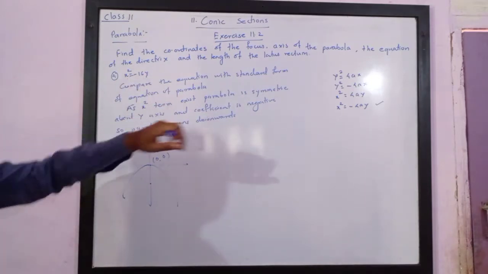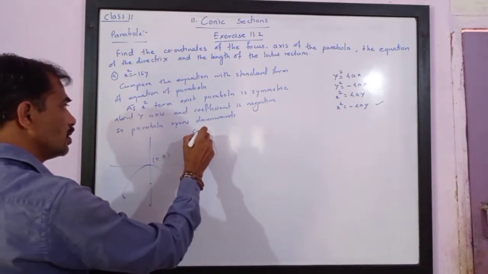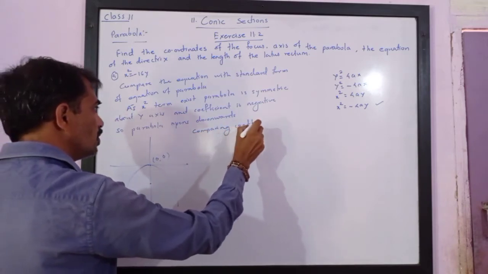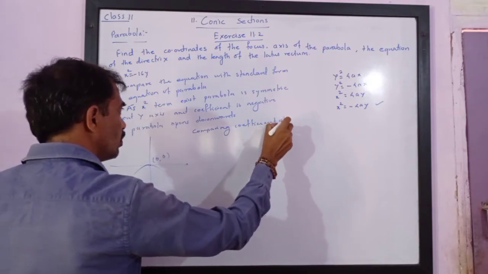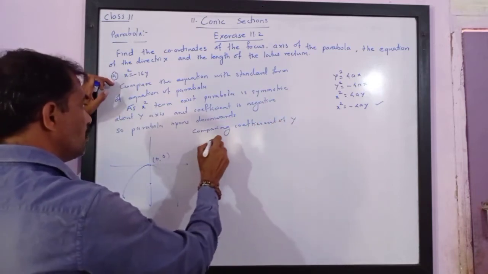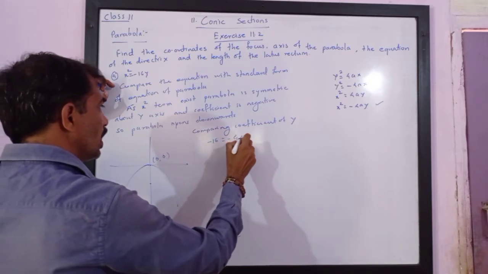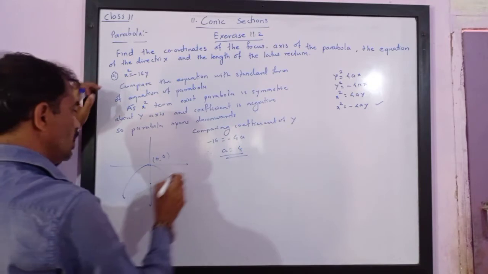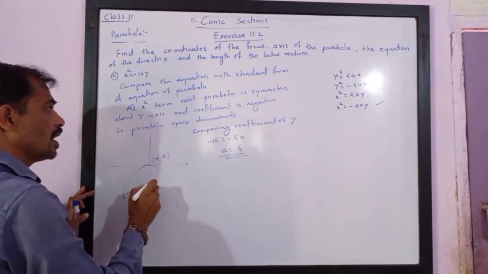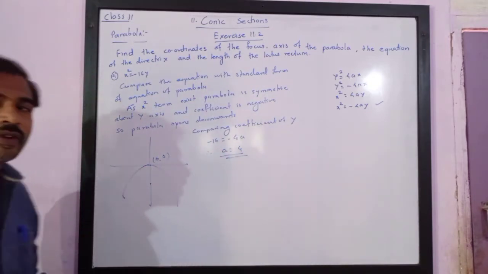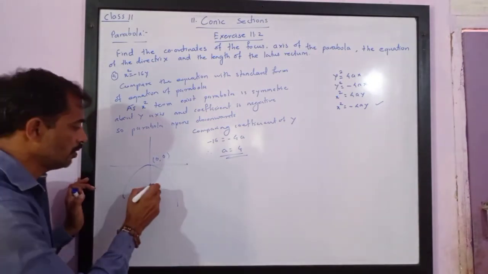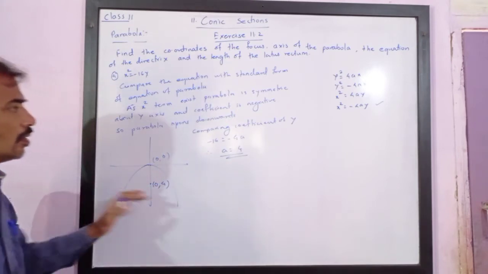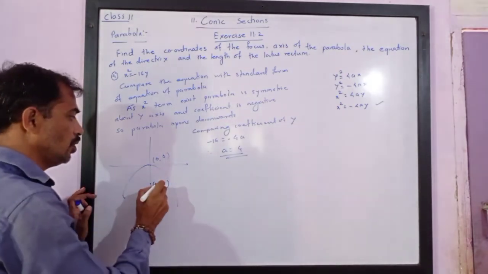Now comparing coefficients of y, we have minus 16 is equal to minus 4a. Therefore, a is equal to positive 4. It means, as the focus lies on negative direction of y-axis, the point is 0, negative 4.